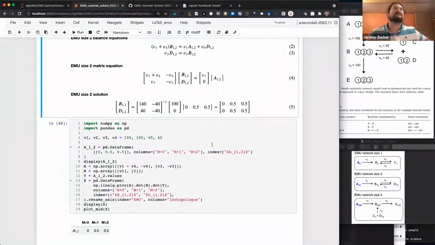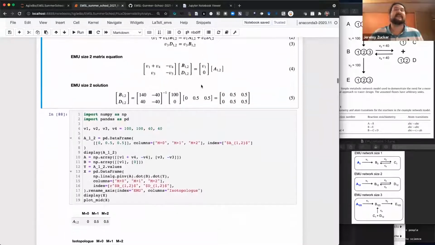Okay, fair enough. So that's the answer, because of the isotopic labeling state that we gave it. Does that mean that A is the substrate that was given the 2 labels? Yes, 1 labeled at 1 carbon, the other labeled at 2 carbons. That's correct. So A is a mixture of 2 labeling states.